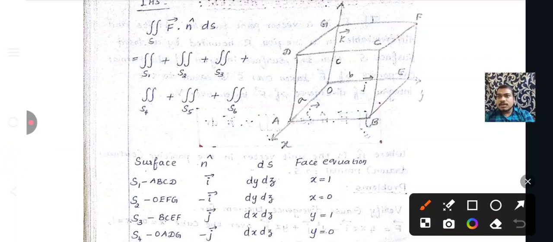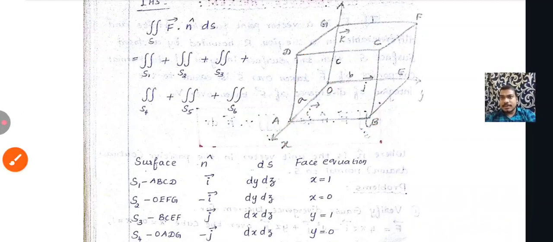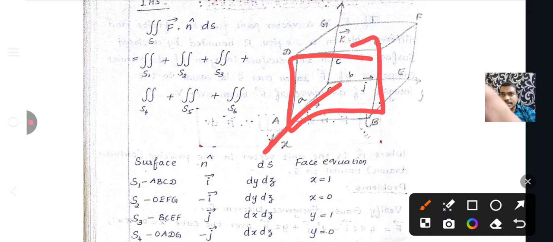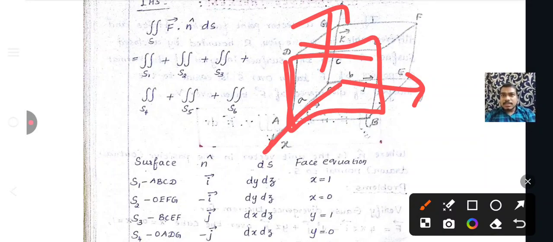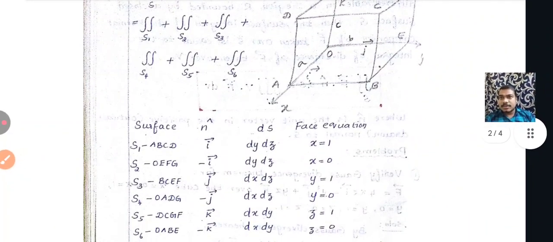For surface ABCD, the normal component n cap is towards the x direction, that is the i direction, so n cap is i vector. dS means the rate of change of surface towards the x direction, so the other two directions vary, that is dy dz.